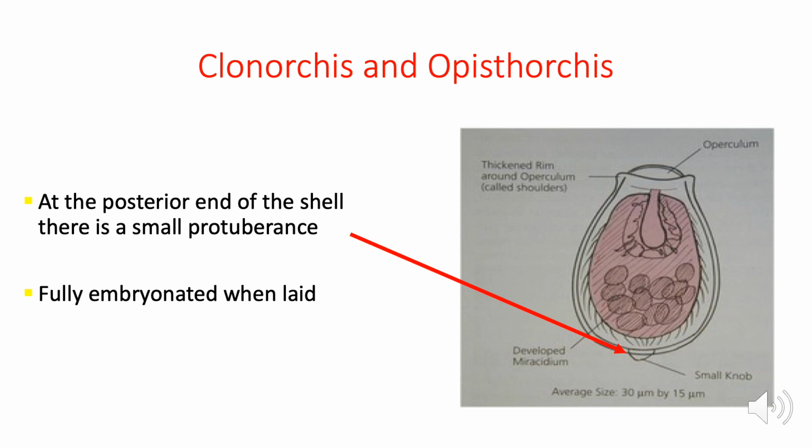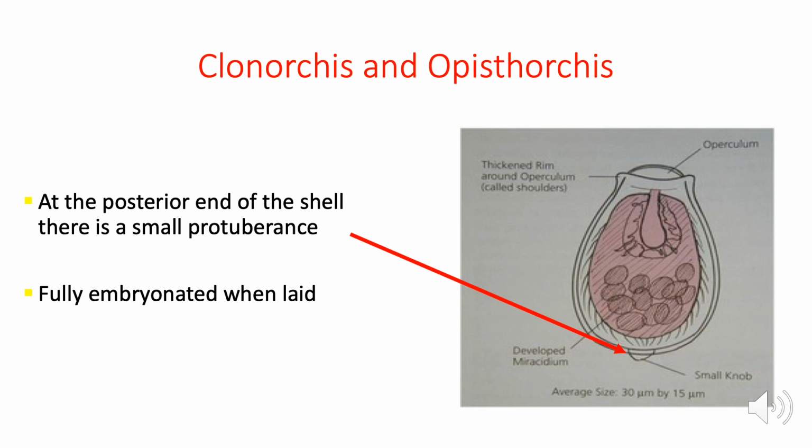Do you know that there's one trematode which has the same morphology of ovum as Clonorchis and Opisthorchis, because it also has the thickened portion of the eggshell where the operculum is fitted? That's why we need to memorize another important feature of the ovum of Clonorchis and Opisthorchis to differentiate it from that of the other trematode, which we will identify in our next lecture.